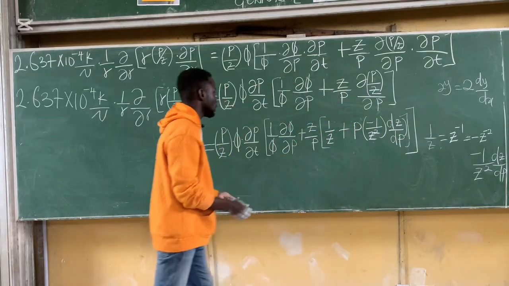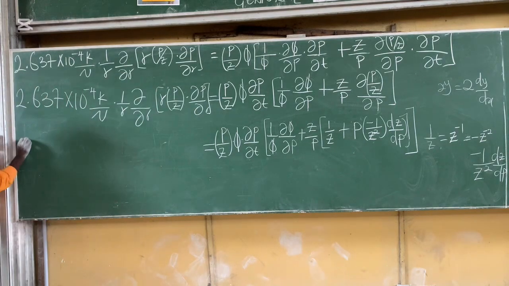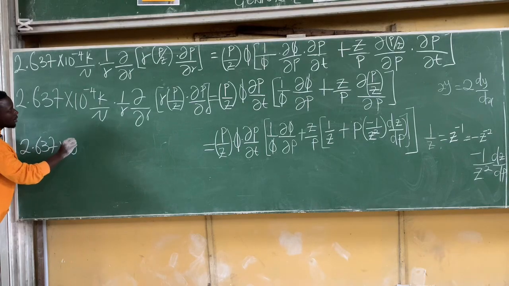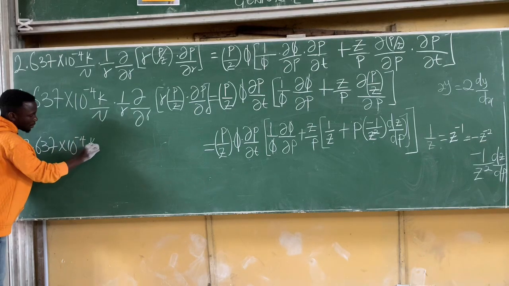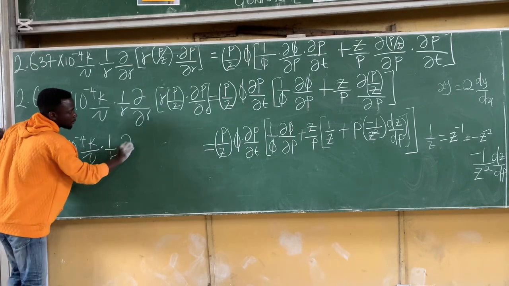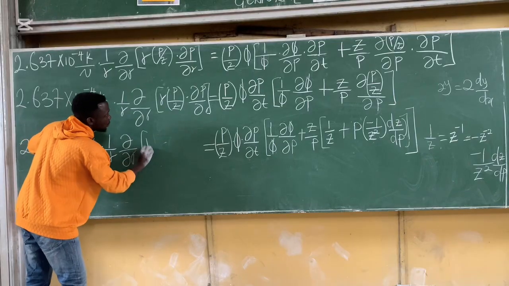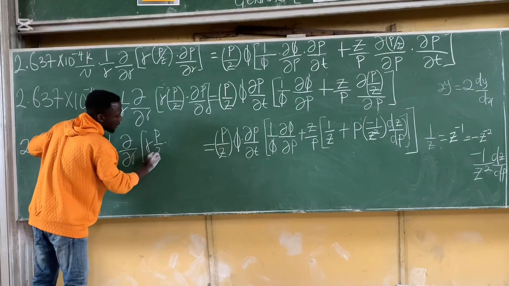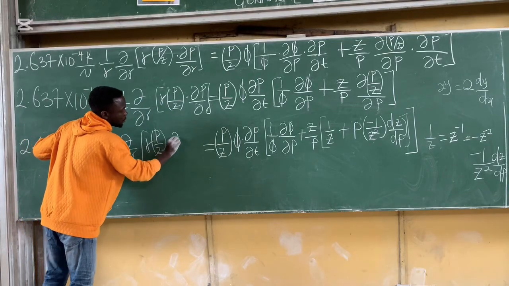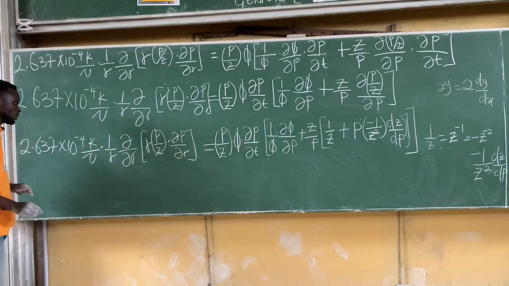So if that is the case, this will give us, okay, let's write the left hand side. The left hand side is 2.637 times 10 raised to the power of minus 4 k over mu, times 1 over r, d/dr of r times p over z times dp/dr.